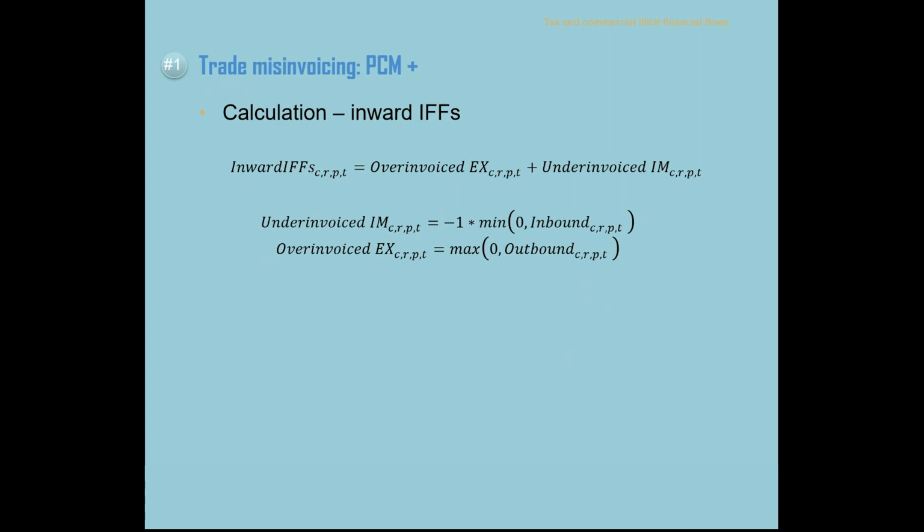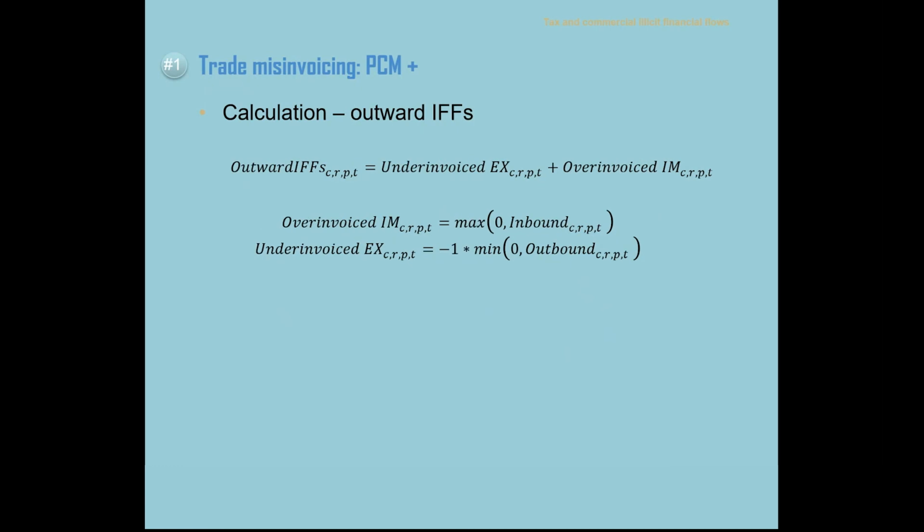Using those formulas, we can identify each inbound or outbound flow as either under-invoiced imports or over-invoiced exports, and we simply sum them up. Please note that there is a -1 there because we do not want negative values of any of those flows, so that they do not cancel each other out. We want them to be fully on board and captured.